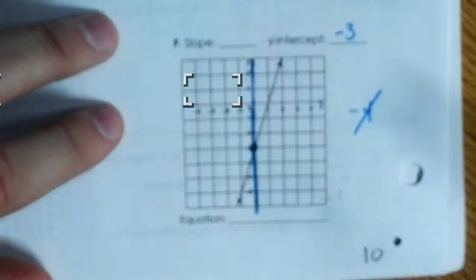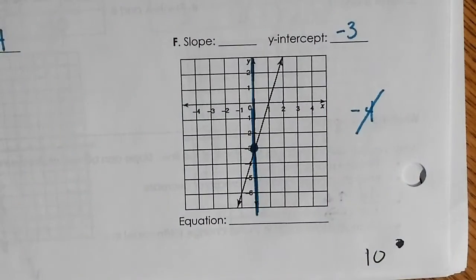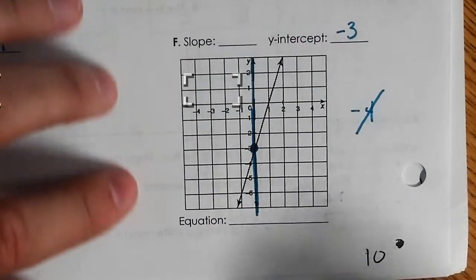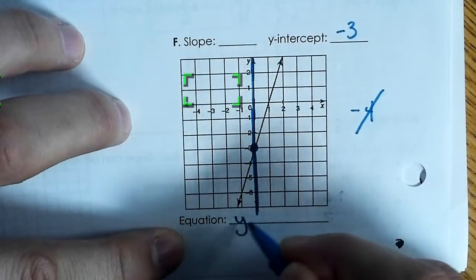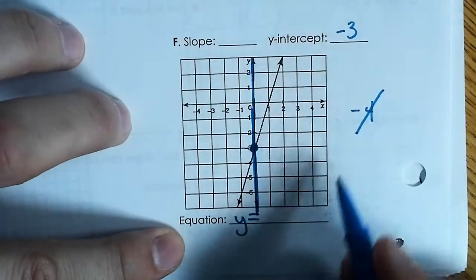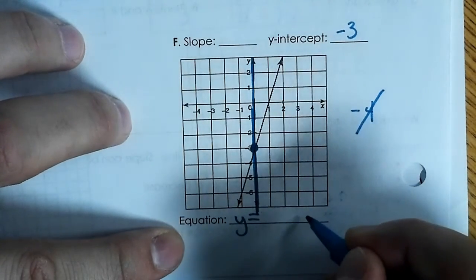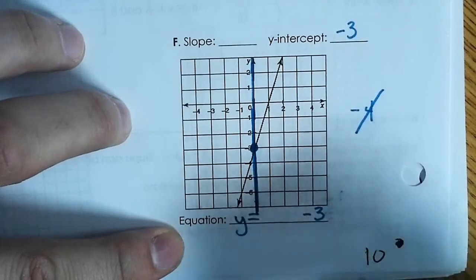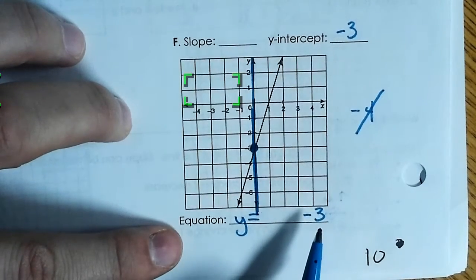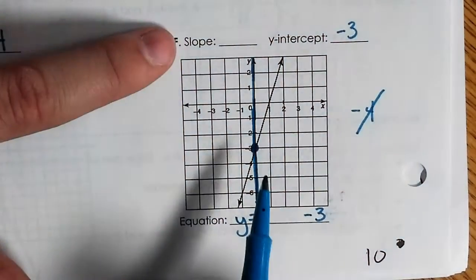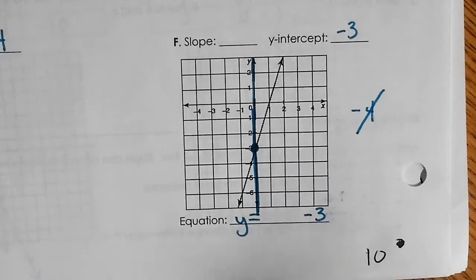All right, so this one is a little more tricky. Notice our equation is going to start out with y equals. Our y-intercept is already negative 3, so let's put minus 3 at the end. Now our slope, where do we see it crossing a corner piece?